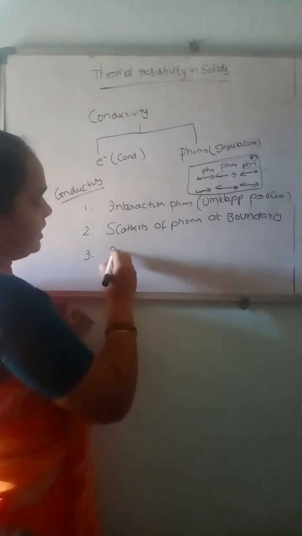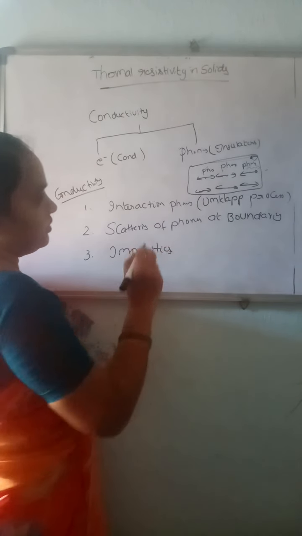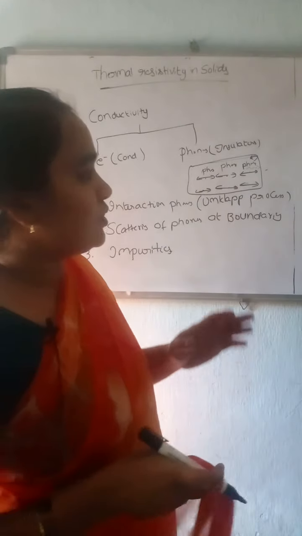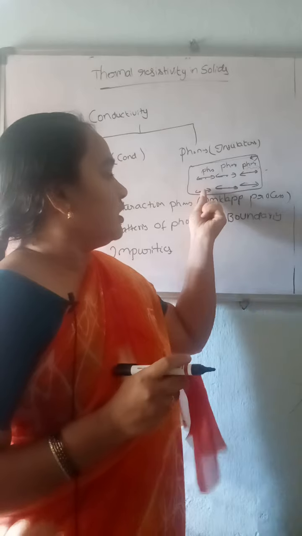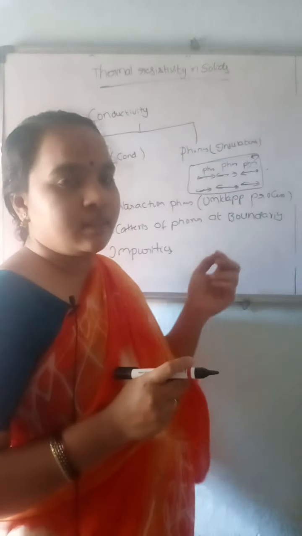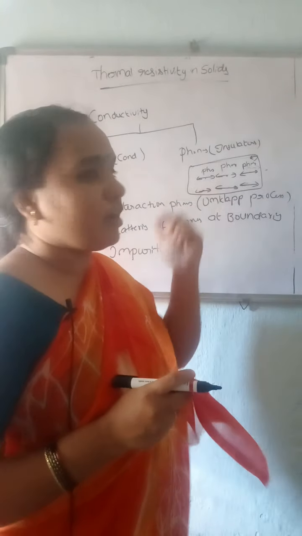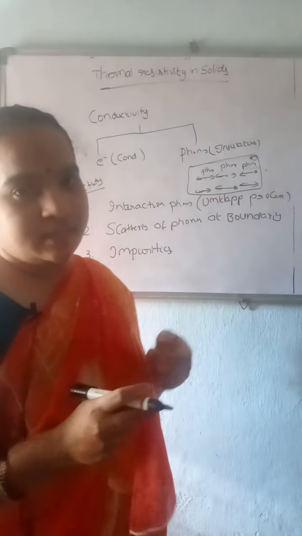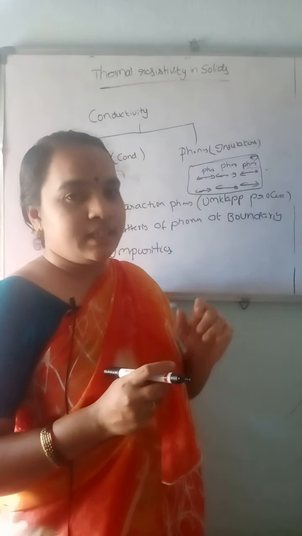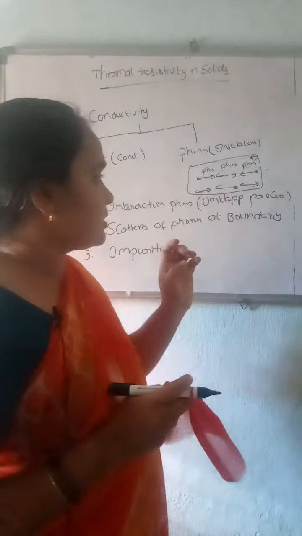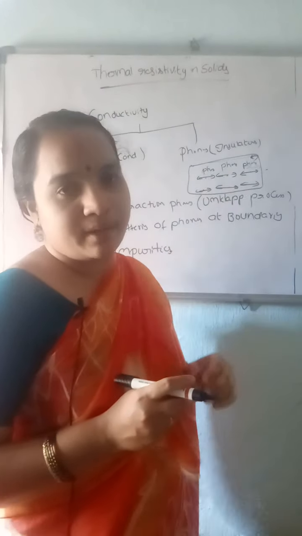The third point is impurities present in a crystal. What are impurities? Due to the application of temperature, some atoms may get energy and displace. There may be a formation of holes, as in electronics, so it is not a perfect crystal. Some imperfections or impurities arise due to the increase in temperature.